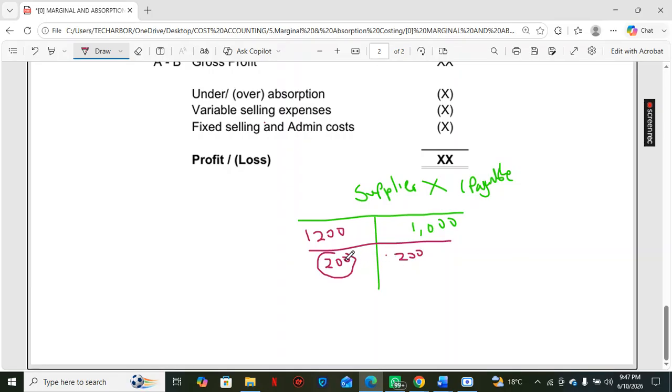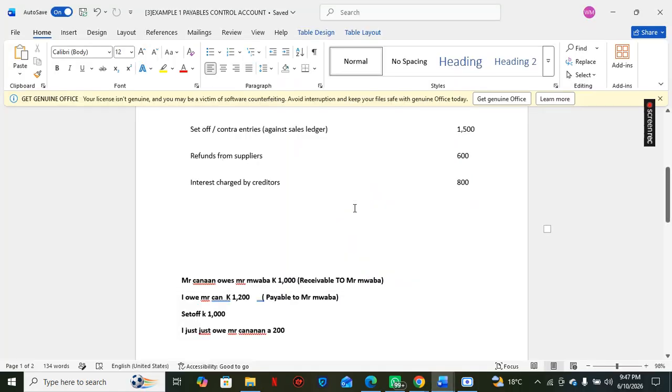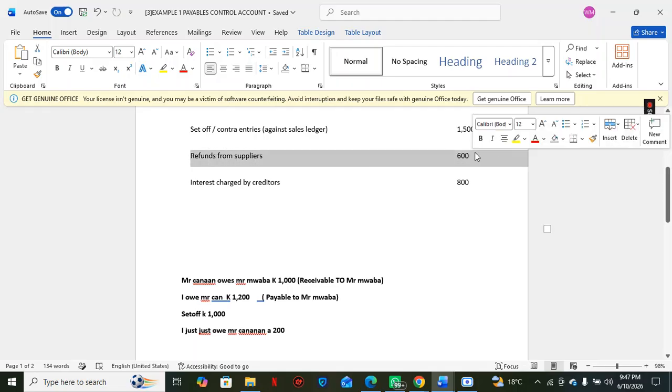So you say 200 minus 200, it means 0. So this refund comes on the credit side of the supplier, because we're erasing how much they're owing us, the money which is on the debit side. Right, so refund from suppliers you put on the credit side. Any questions?